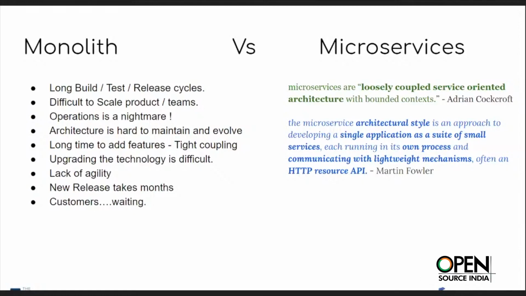Which means that instead of just delivering one service, we deliver multiple loosely coupled services, a service-oriented architecture, which solve a particular business problem. Then Martin Fowler says that microservices is an architectural style, an approach to developing a single application as a suite of small services, each running in its own process and communicating with lightweight mechanisms, often an HTTP resource API.